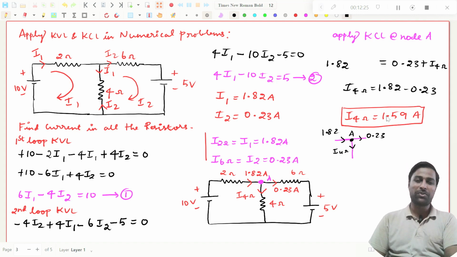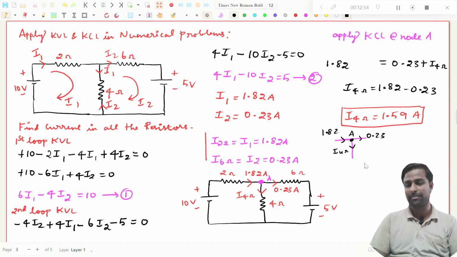So you see, if you are going for KCL, Kirchhoff's current law, you don't need to put the formulas and all. It is very simple to understand. If you know two branch currents, and if you need to find one extra branch current, you see how much current you are giving in, that should be delivered out. In a node you cannot store any current. Whatever current it is getting, it should be given out through the other branches.